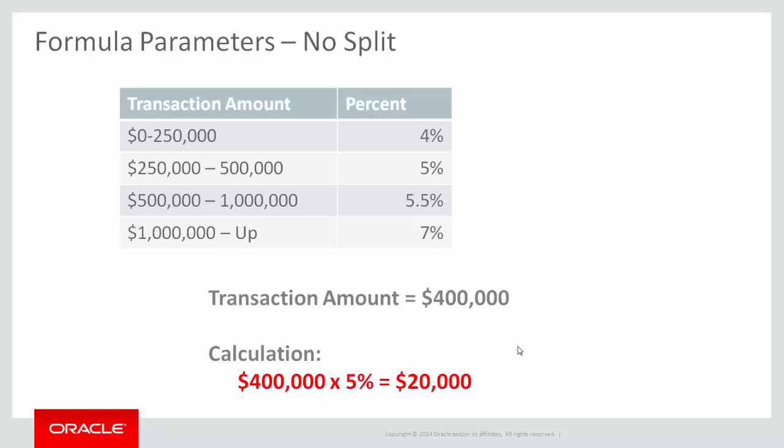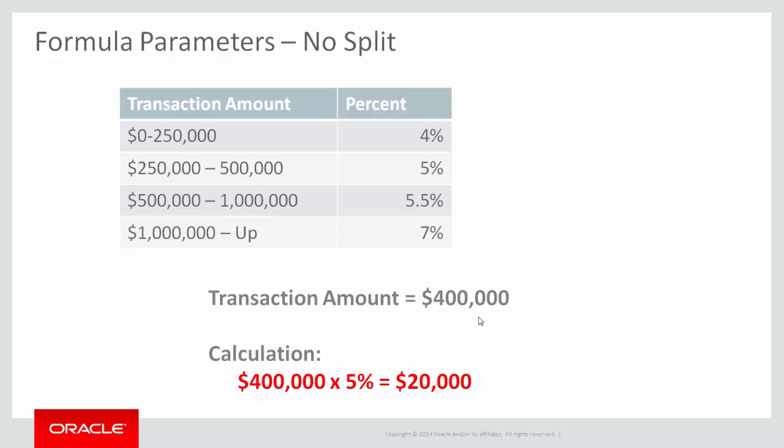So let's do another working example. Let's say we have a rate table: 0 to 250,000, 250,000 to 500,000, 500,000 to $1 million, and $1 million and up. They're paid out at a rate of 4%, 5%, 5.5%, and 7%. And let's pretend we have one transaction that comes in, and that one transaction is for $400,000. The first example we're going to do is a no split.